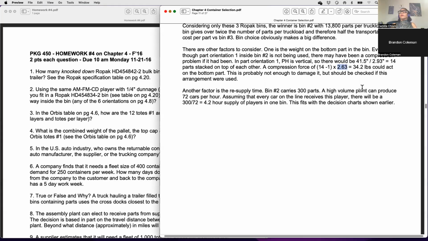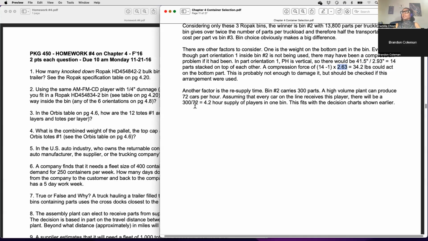This is where you want to understand your part. You want to have a good relationship with the part engineers, and then just be confident that this weight, 34 pounds of compression force, does not damage the radio. So that's something you just always want to check and make sure of.